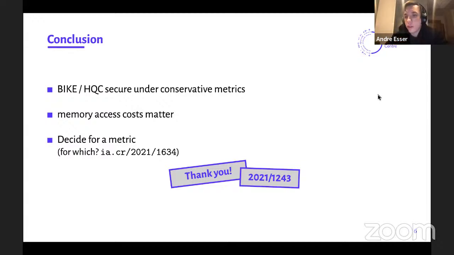The reason we did not consider more advanced algorithmic improvements was that they usually use quantum memory, and therefore we didn't include those. Yeah, I think that's a problem that we don't really know enough about how to solve.